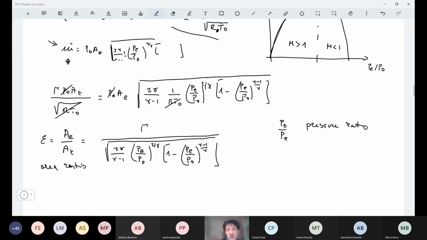Consider that the term expansion ratio is used for both pressure ratio and area ratio, although it is more appropriate when you are talking about pressure ratio. This is also called expansion ratio.